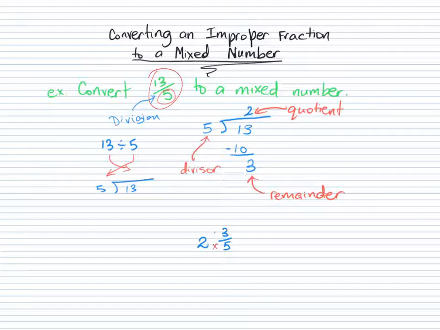So multiply and add. 5 times 2, and again, this is just a check, 5 times 2 is 10. 10 plus 3 is, in fact, 13. And our denominator was 5. That was what the question originally had. So we know we're right. And our answer is, in fact, 2 and 3 over 5.